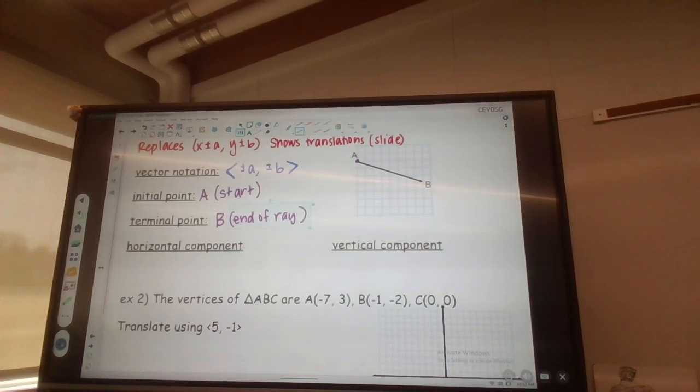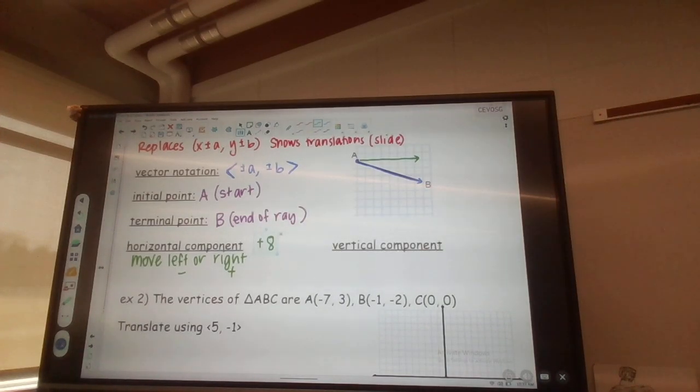And so what I would do is talk about how much we move in the x direction. So to go from A to B, I would move kind of like slope, but in this case, we want the x first. So I'm going to move to the right. I believe it's 8 spaces. I'm counting blocks. So the horizontal component for this would be +8.